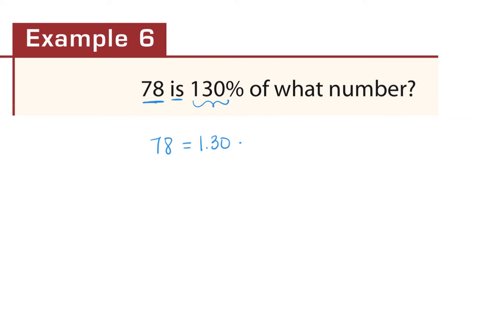Of, that's my multiplication. What number? What do you think I'm going to put there? X. So 1.30 times x. How do I solve for x here? Yeah, I'm going to divide both sides by that 1.30. In your calculators, 78 divided by 1.30 equals what? Equals 60.